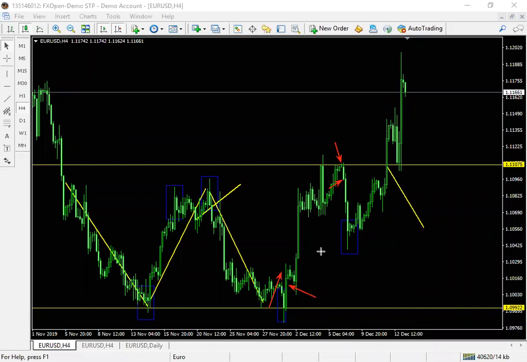Okay, so this is a very important piece of information, because it tells us that the momentum is starting to shift to the upside, as opposed to this one, which basically didn't work out, because you can see even the candle closed above that resistance level.